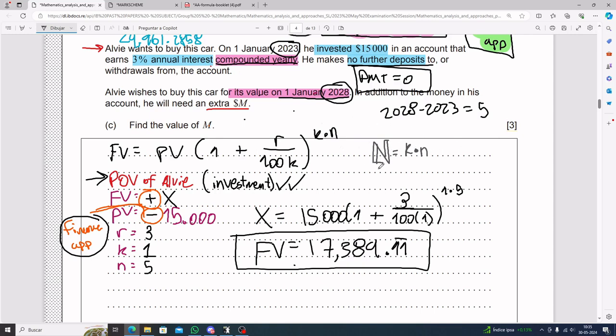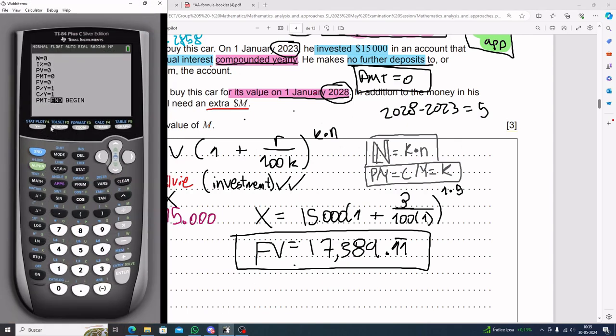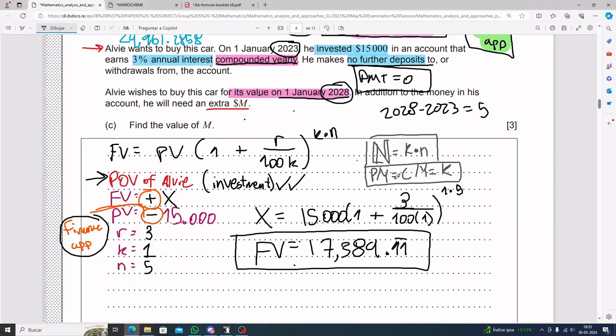And if you choose for big N to be K times N, then that also means that PY and CY are both going to equal K. Right? In my experience, this is what ends up happening. If you choose big N to be K times N, then the PY and the CY at the bottom are just going to be K. All right, so this is way easier, in my opinion, to understand than if you start having different PYs and different CYs.